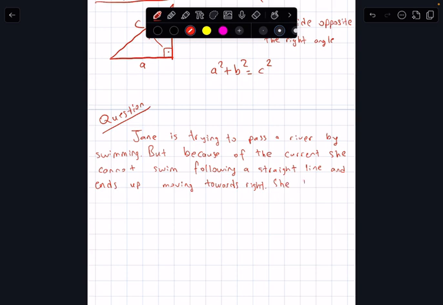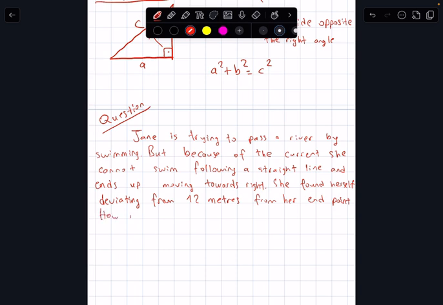She found herself deviating from her destination point, let's say deviating 12 meters from her end point. Okay? Which is called point C, let's say.